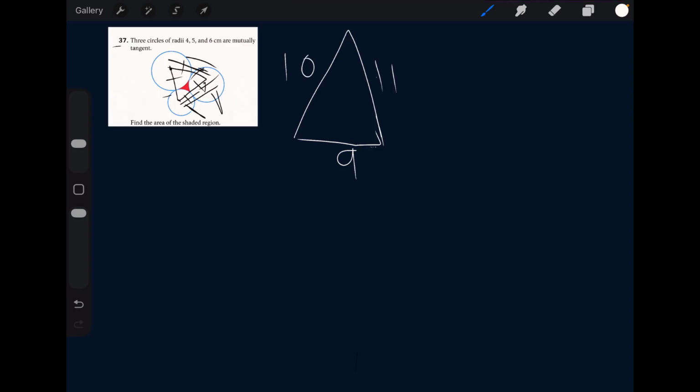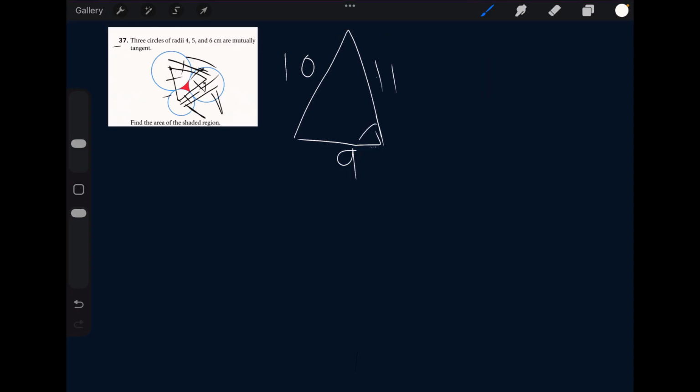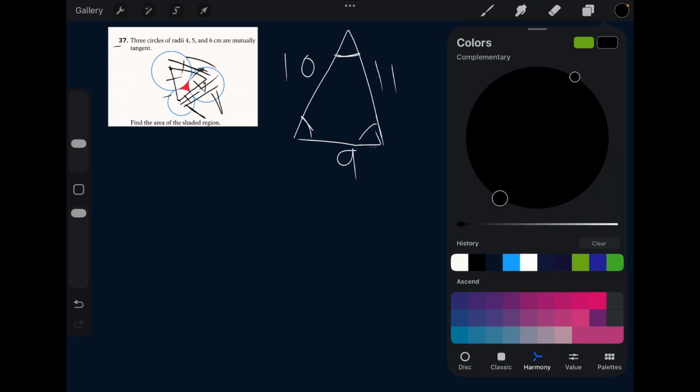If we have a triangle with three sides, that'll be the case SSS. Then we can use the law of cosines to find the different angles. And if we have these different angles, we'll be able to find the areas of the circular sectors that we can find here.